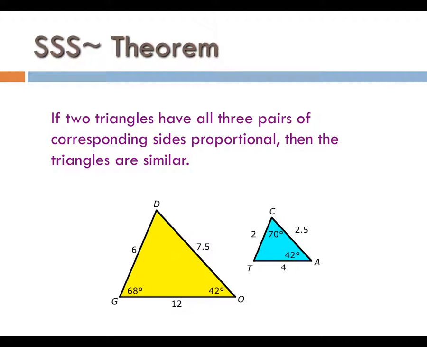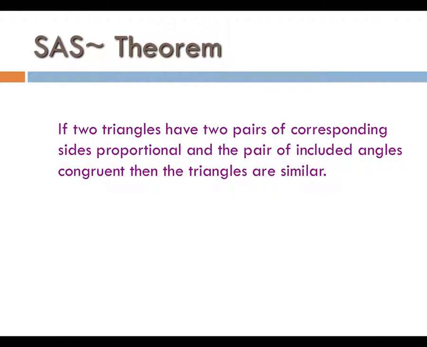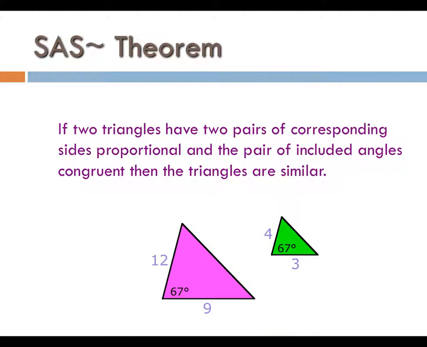Now we good? Just like when we talked about side angle side congruency, the angle has to be included between the sides. Show that the pair of angles are congruent, show that the sides are proportional. 12 is to 4 as 9 is to 3.